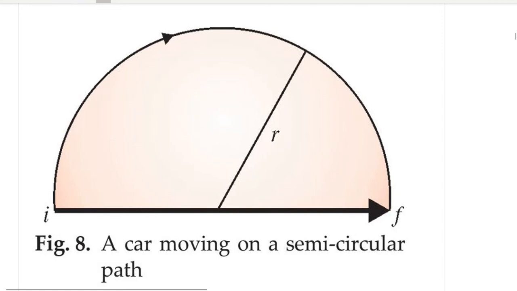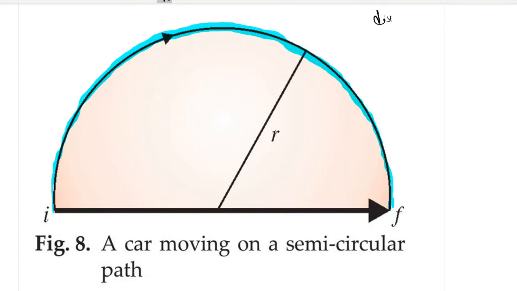Okay. So here, can you tell me what is the distance? The distance is the length of actual path covered by the car. That is, if the car starts moving from point I and goes round and goes to point F, the length of this blue highlighted part is the distance.